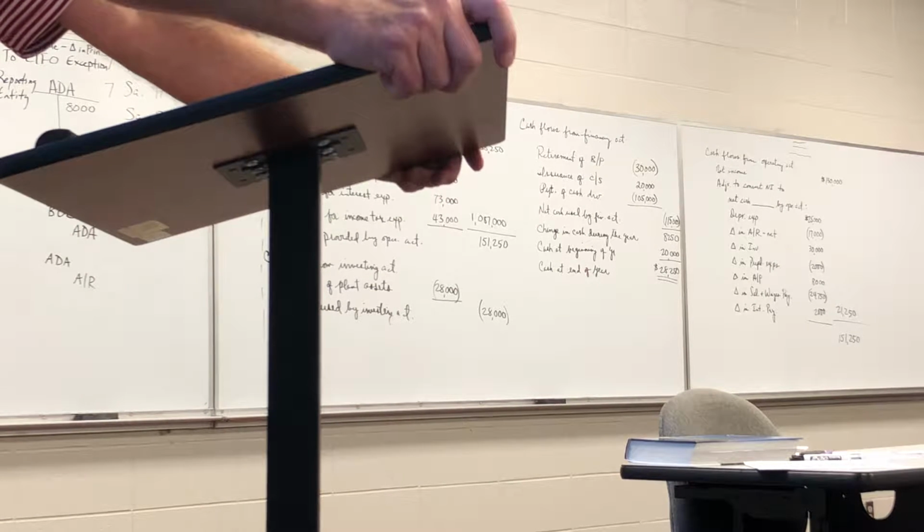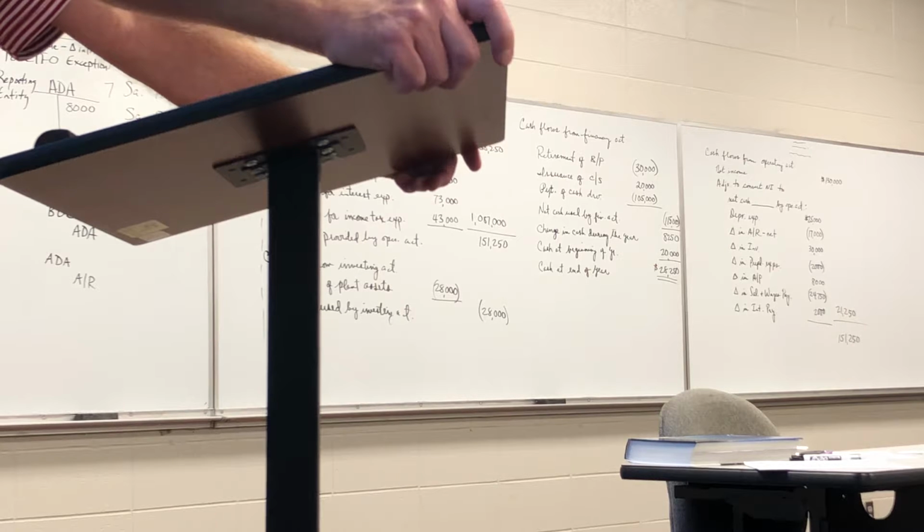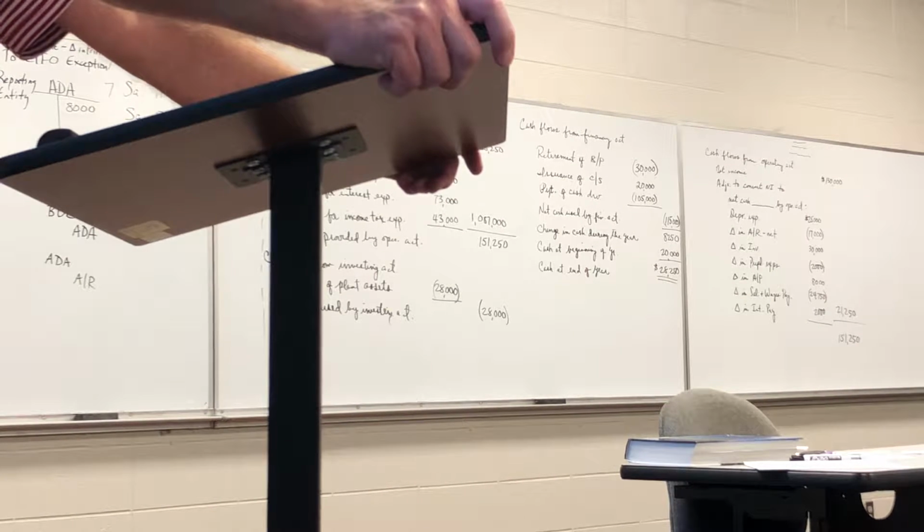Then part D says, what about the years that happened before you ever got to the earliest year you're presenting? Report an adjustment to the beginning balance of retained earnings in the retained earnings statement in the earliest year presented if the new principle affects years prior to those presented.